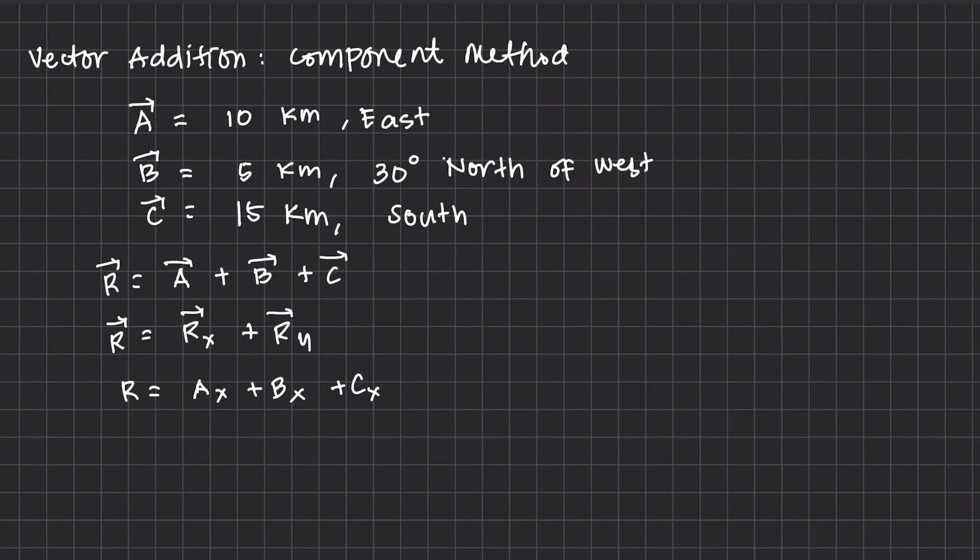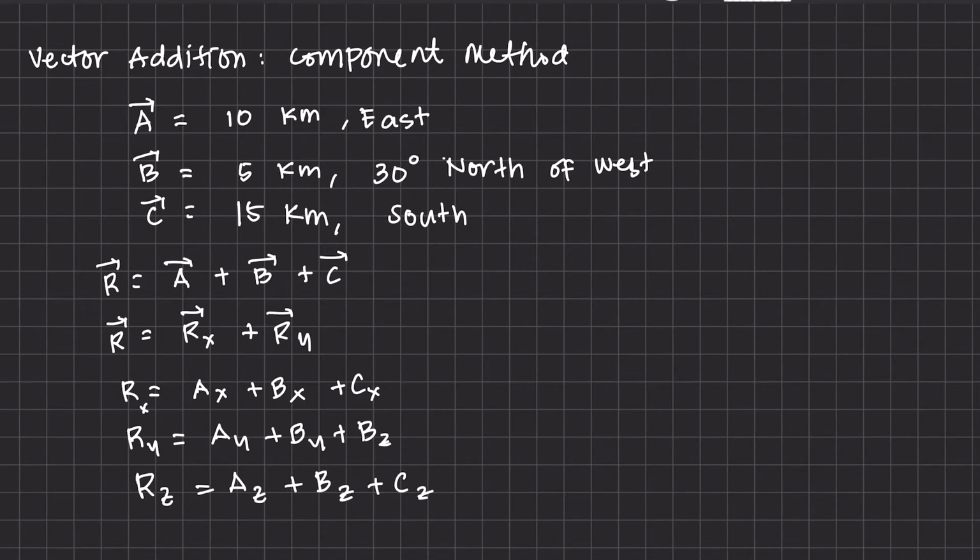And then same thing with your Y. You have your Ry is just equal to Ay plus By plus Cy. Also, if you have Z component, Rz is just equal to Az plus Bz plus Cz. Oops, I made a boo-boo. This should be Cy.